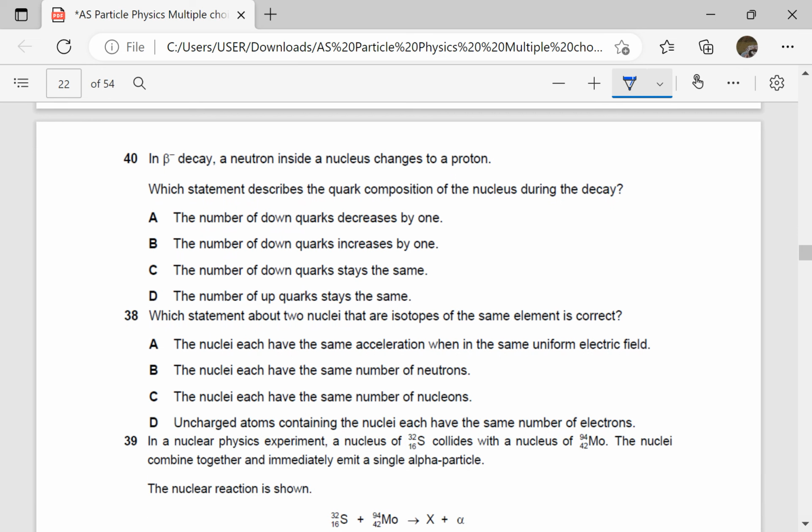In beta minus decay, a neutron inside the nucleus changes to a proton. Which statement describes the quark composition of the nucleus during the decay? So it is a neutron changing. So a neutron is up, down, down, changing to up, up, down.